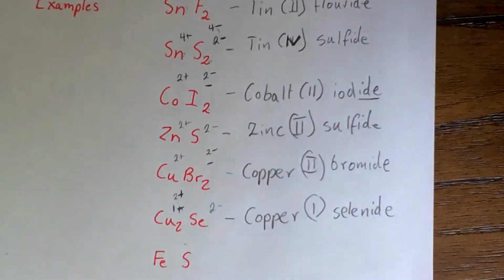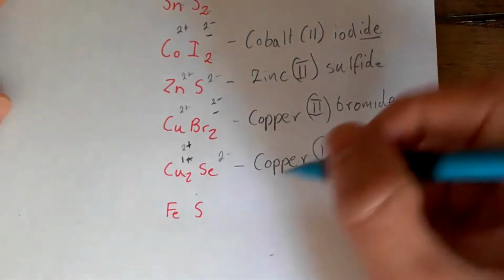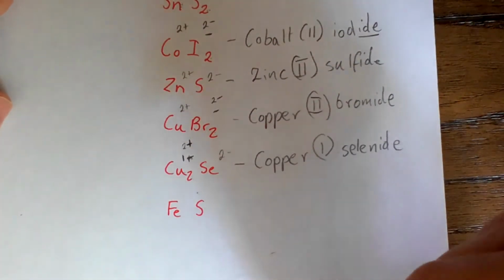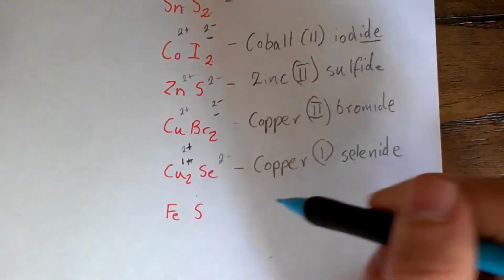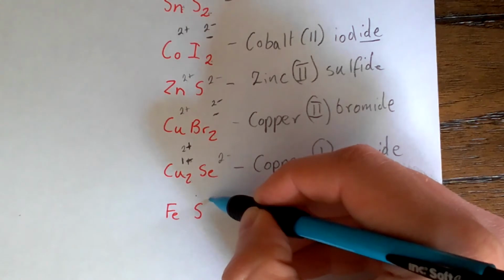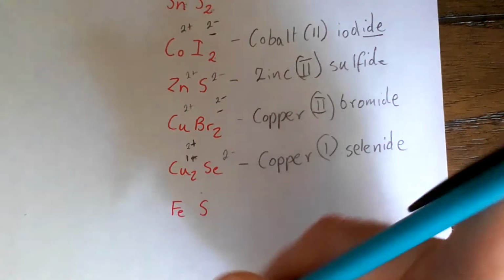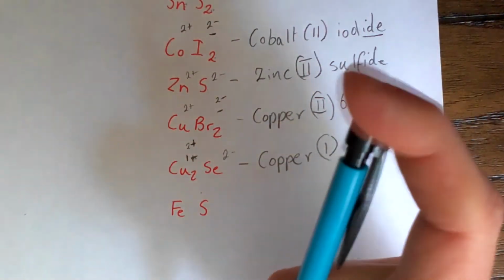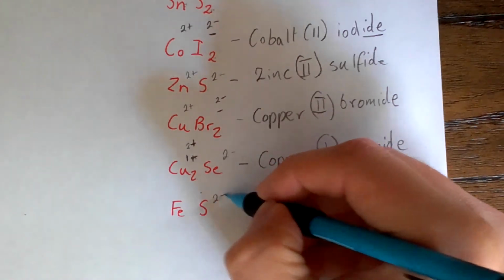All right, let's do one more example, and then I'll stop. Iron sulfide. Which iron is it? We know sulfur is in group 16, so it's going to gain 2 valence electrons, so it's a negative 2 charge, 2 minus.